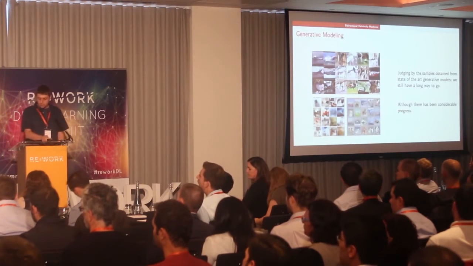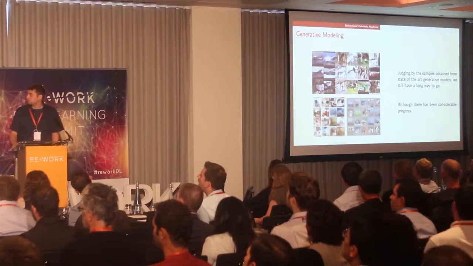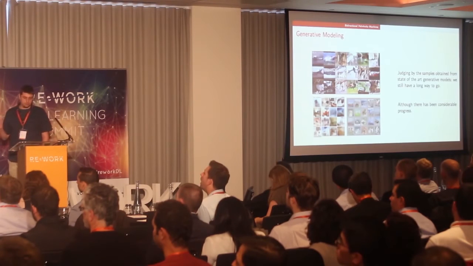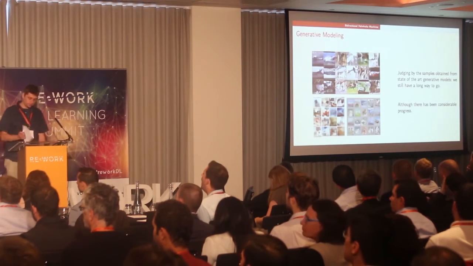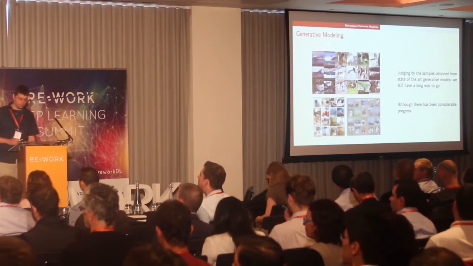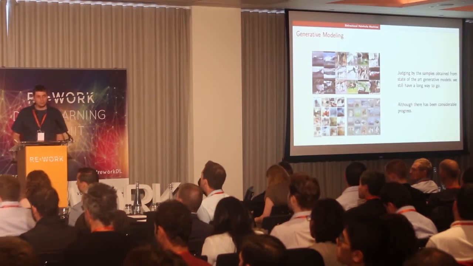Just to give you a glimpse of the state of the art in generating images from these models. So at the top there you see a model by Emily Denton. That was very recently published, where you can see images that were generated by a model that was trained on natural images.